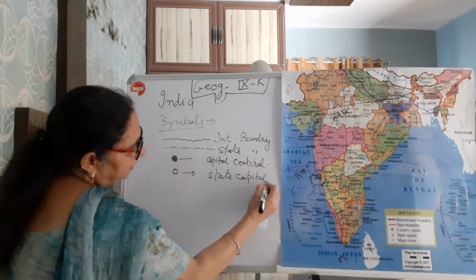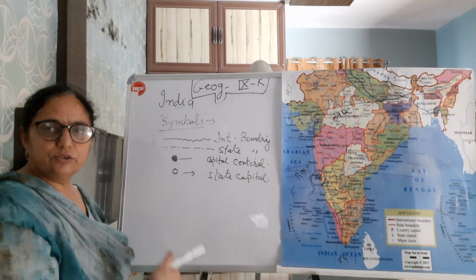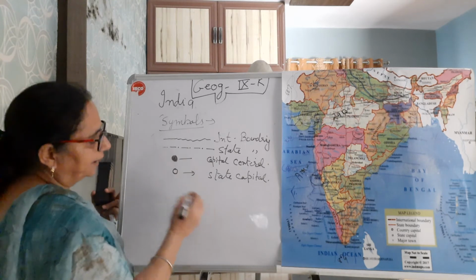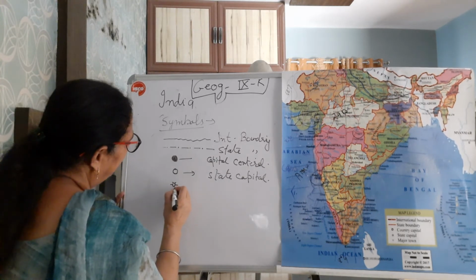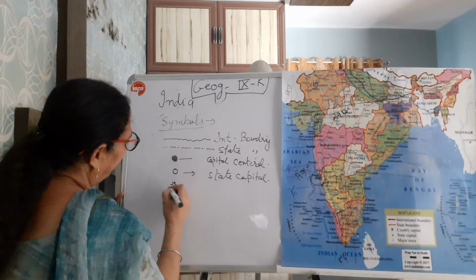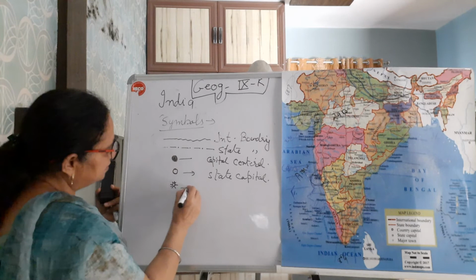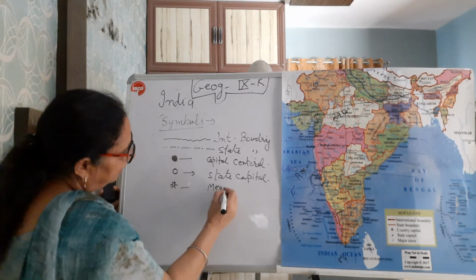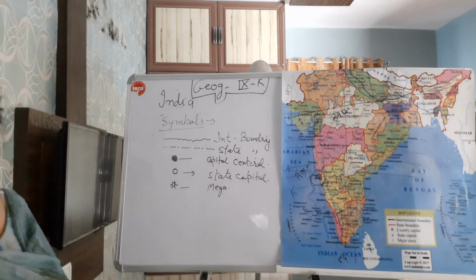Dear student, all these are very important fundas to study about your geography. Do take care. Then there are mega cities, like we have Chennai, Mumbai, Hyderabad, Kolkata, Delhi. These are the mega cities of the country. So these are the major symbols used, you see.